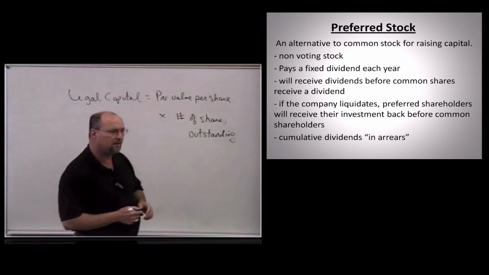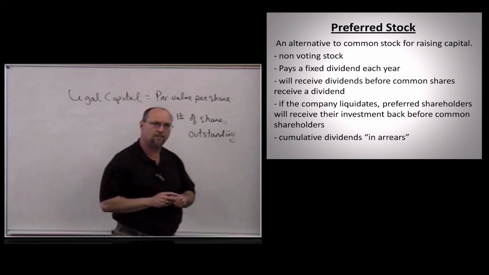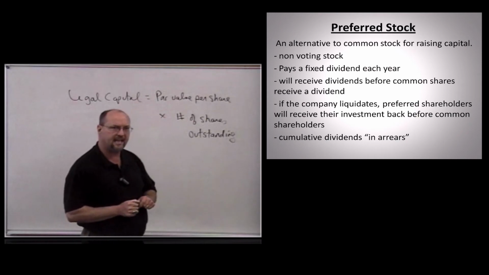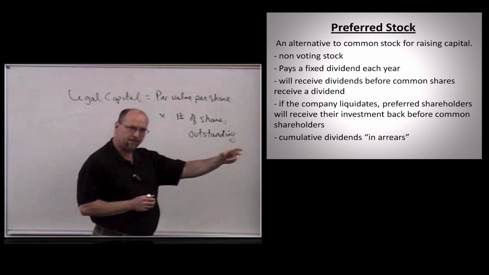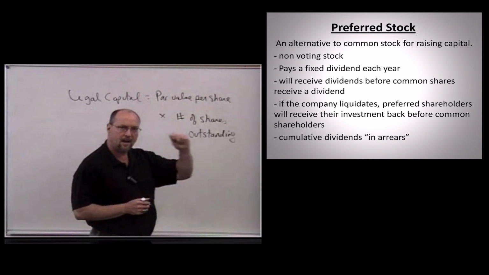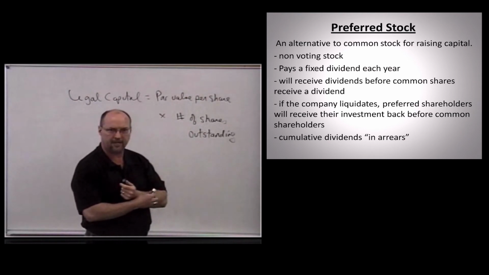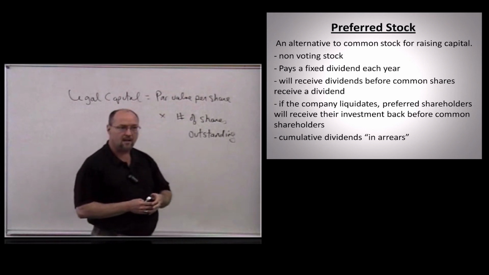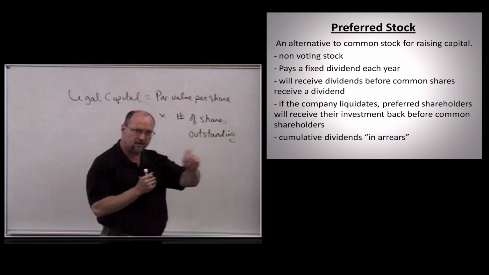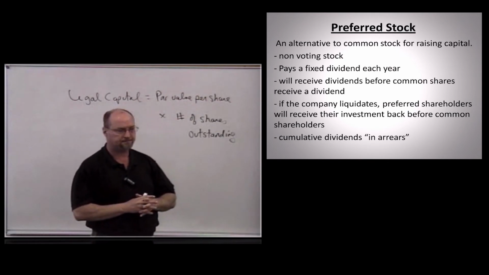So for example, if I had a $100 par value preferred stock and I was paying an 8% dividend, I multiply par value times 8%, so 100 times 8%, I pay an $8 dividend per share. Okay? If I issued 1,000 shares of preferred stock, 1,000 times $8 per share, each year I'm supposed to pay an $8,000 dividend.